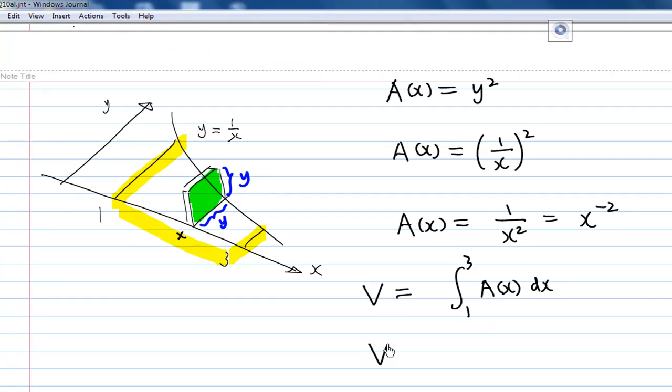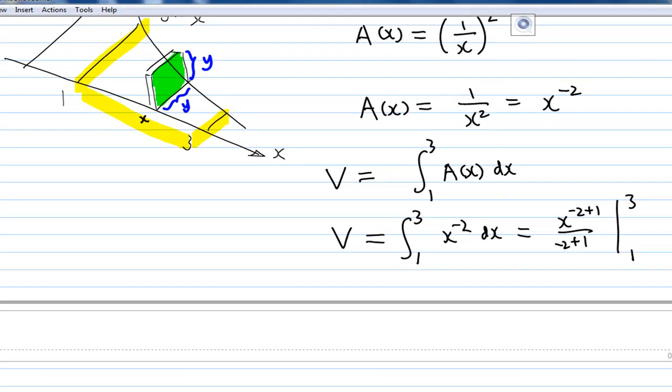So this is equal to the integral from 1 to 3, where the cross-section area is x to the power minus 2. When I integrate x to the power minus 2, you get x to the power (minus 2 plus 1) over (minus 2 plus 1), from x equal to 1 to 3.